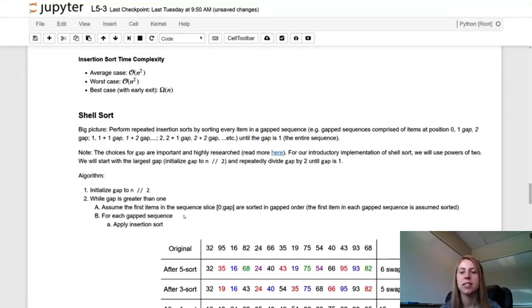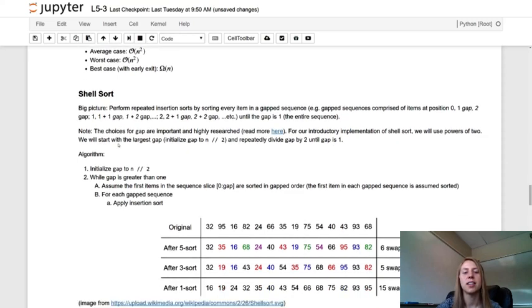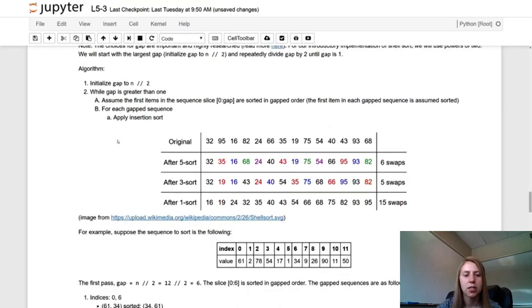Now, a gapped sequence comprises items at position 0, 1 times gap, 2 times gap, etc. And then shifted over by 1 would be 1 plus 1 times gap, plus 2 times gap, etc. So the best way to really work with shell sort is to work through examples, because this idea of a gap is hard to grasp until you see it perhaps on paper or an example walk through step by step.